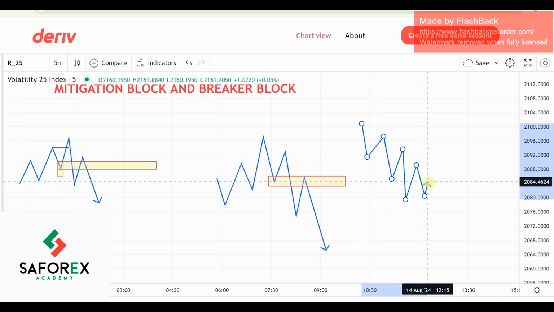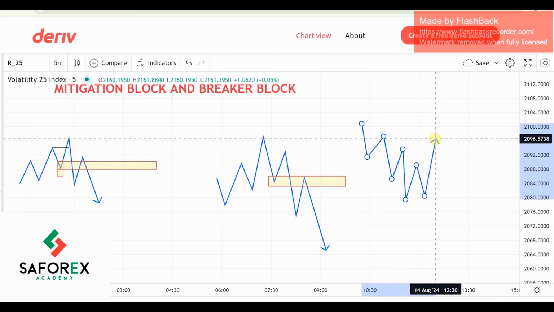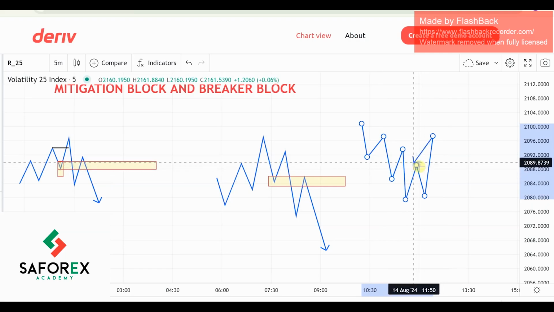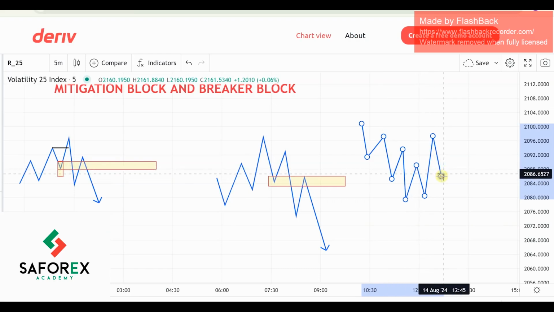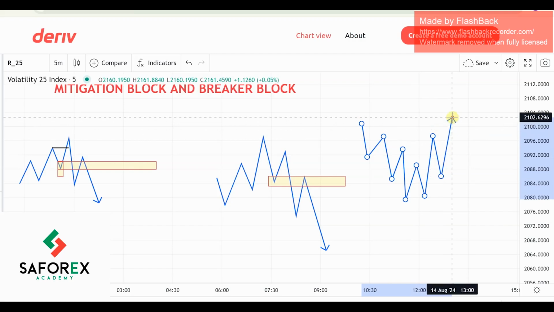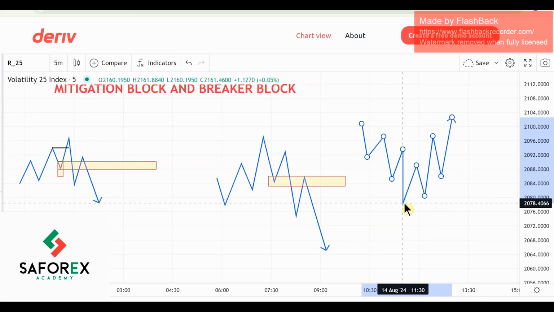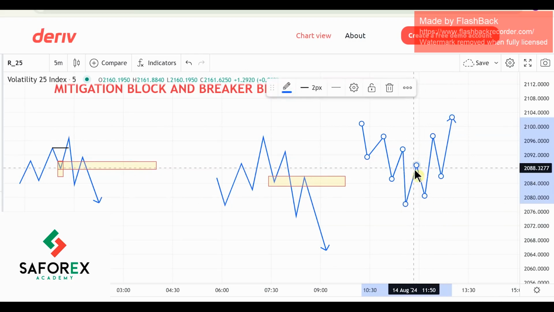It decided to break high. Okay, in breaking high, I will be expecting market to come back to this place, to this last green candle here, right? And then pull up. That becomes my mitigation block.